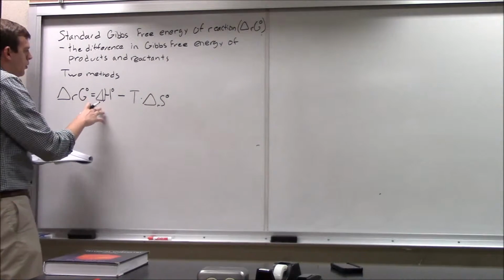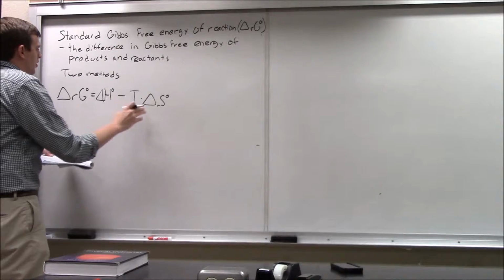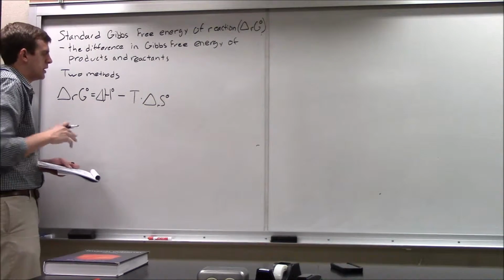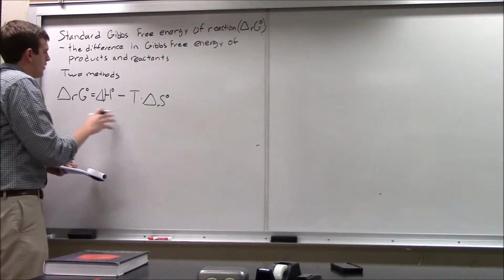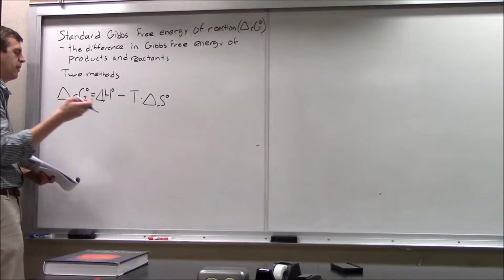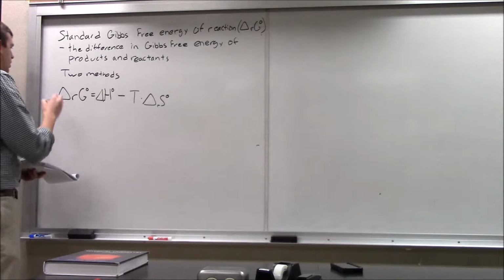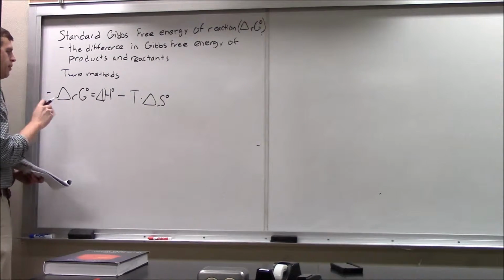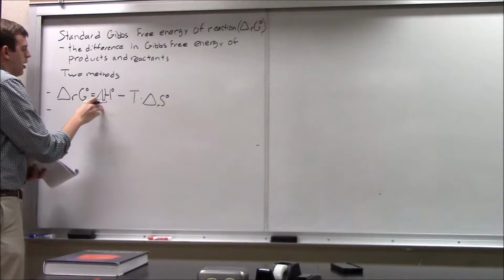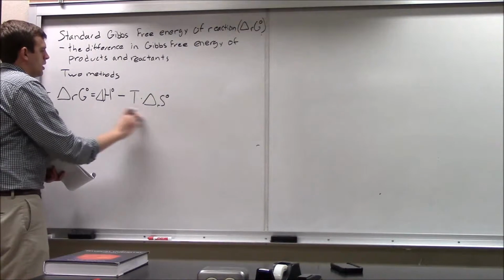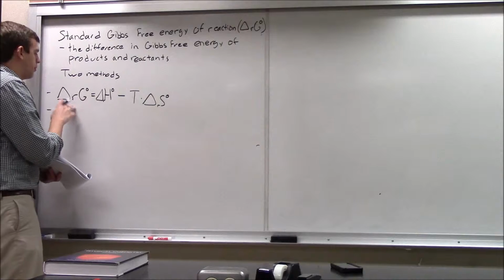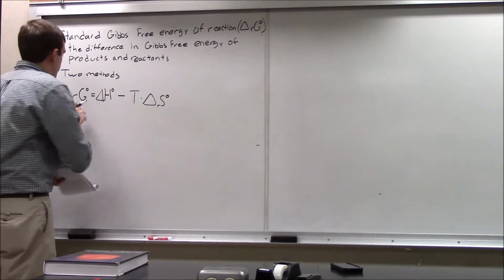So if you have those, say you only have enthalpies and entropies, you can calculate out this reaction Gibbs free energy, or you might just have these totals at your disposal, in which case it's really simple. Now, typically this is not the most common method because, if you have the appendices that have these two pieces of information in it, you can probably have the Gibbs free energy of formation at your disposal as well.